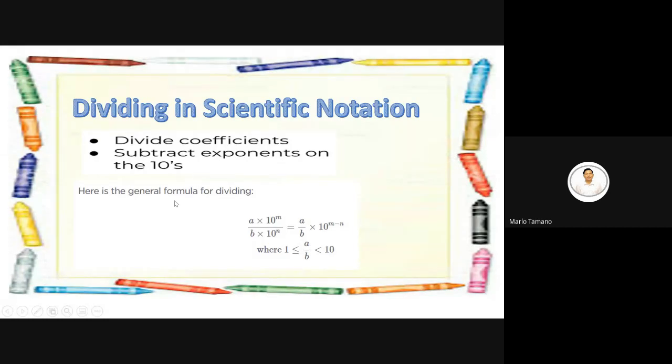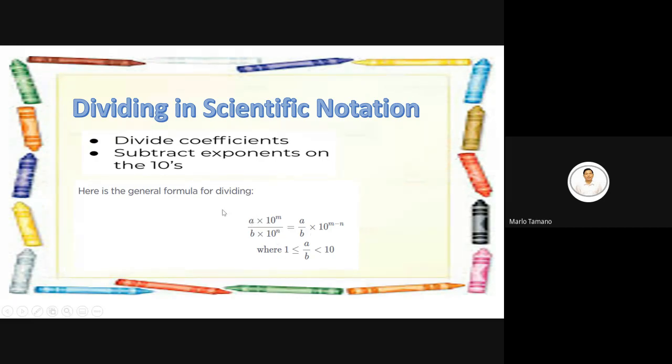Here is the general formula for dividing. Ito raw po yung ating basis, pinaka-formula natin: a times 10 to the m divided by b times 10 to the n. Yung exponent po natin yung m and n. Tapos ang ating mga coefficients ay a over b. Fraction po ito.